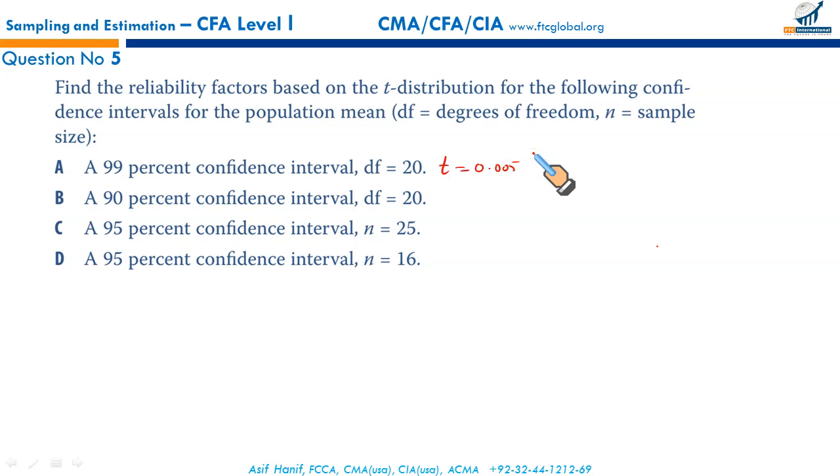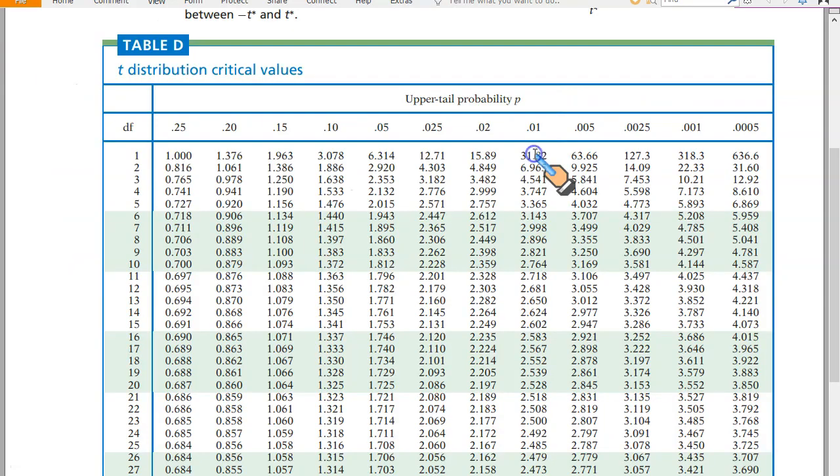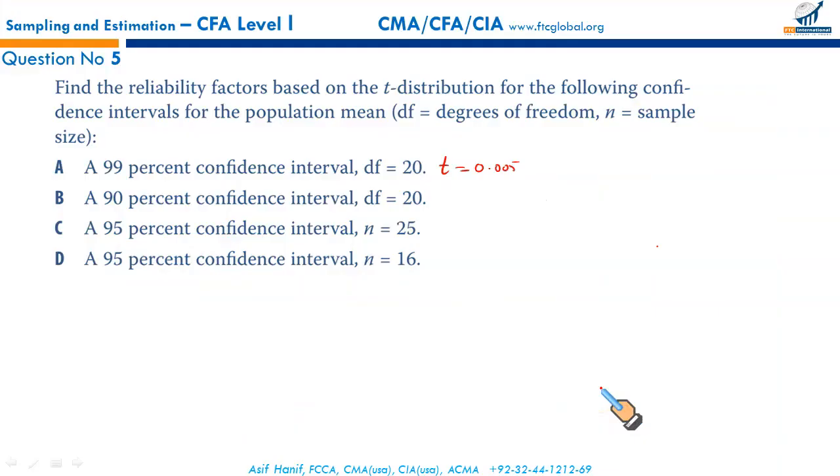So let us look it up in the t table. For a 99% confidence interval, that is 1% divided by 2, that is 0.005, and the degree of freedom is 20. If you just come down the column, it's 2.845.